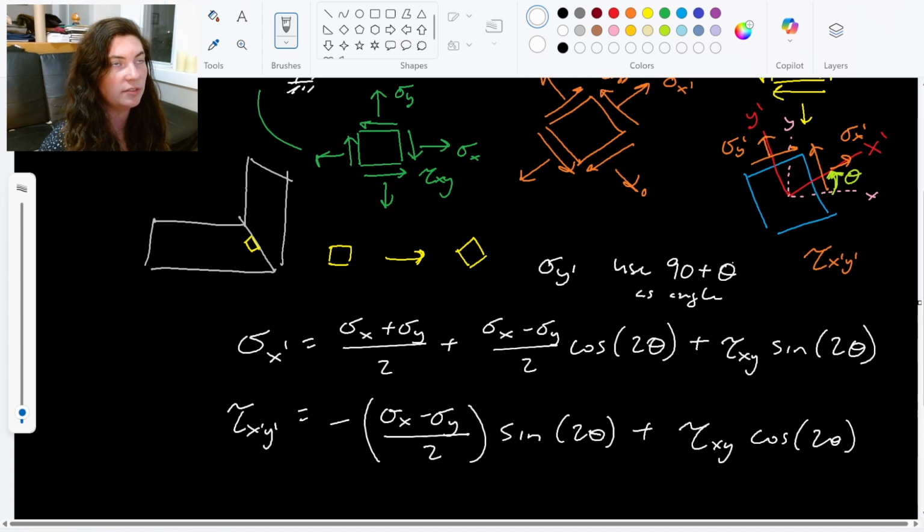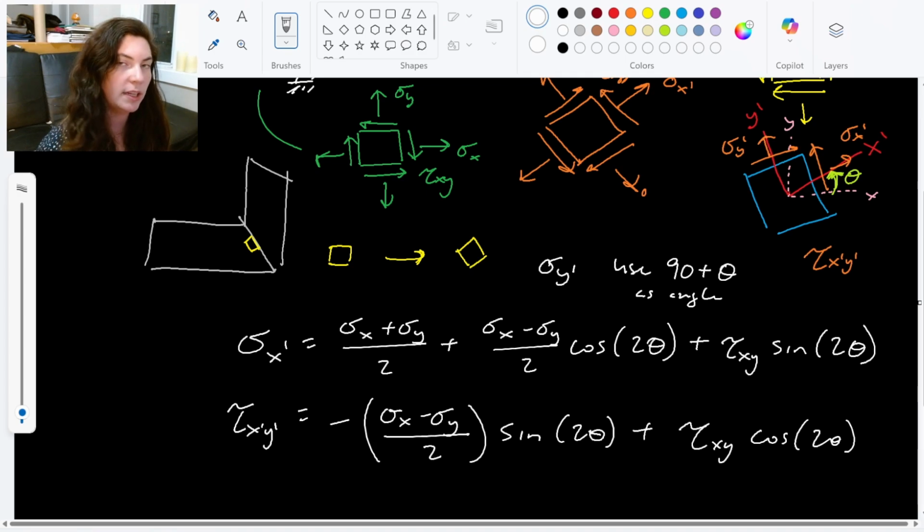That's the only difference, right? It's offset by 90 degrees. X and y are offset from each other by 90 degrees always. So if we just plug in a 90-degree added angle to our angle that we're transforming by, that'll give us our sigma y prime. Simple as that.